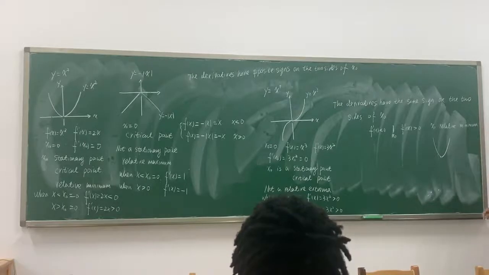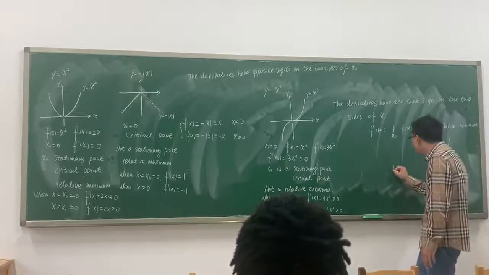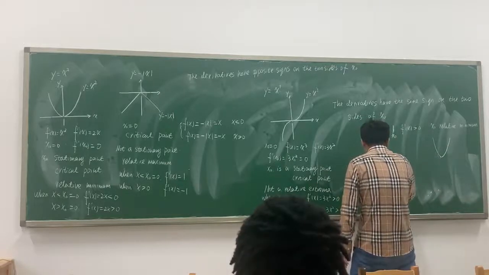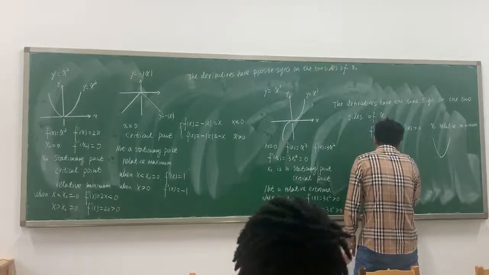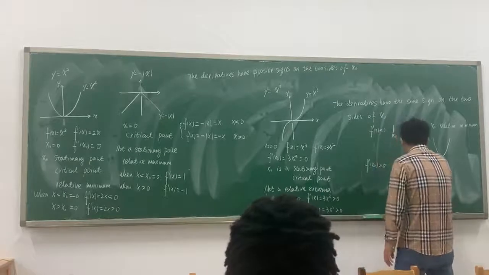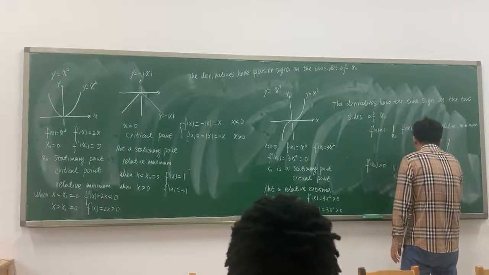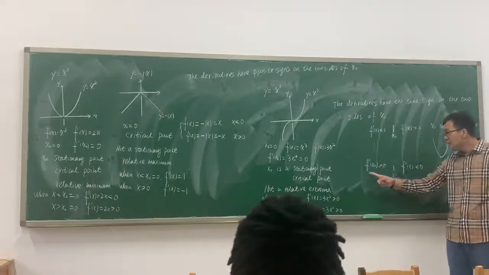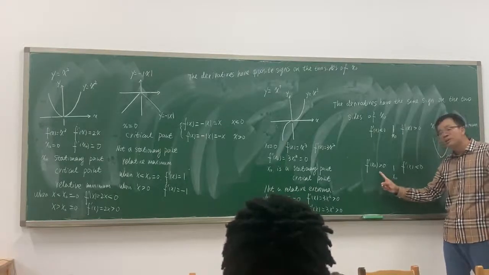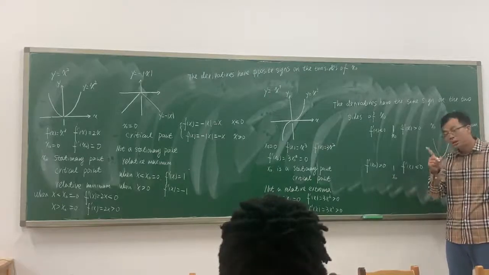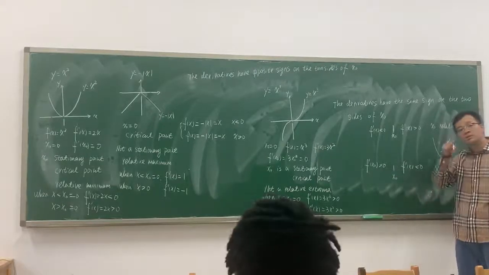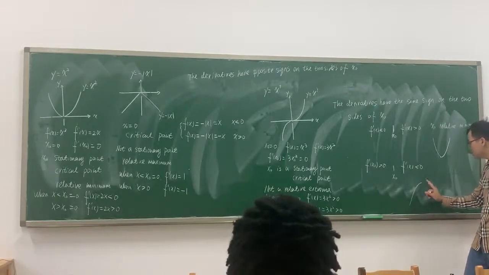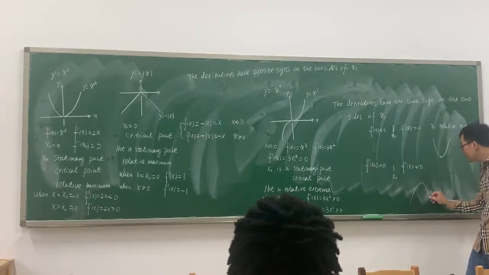For the second case, here is x0. If on the left the derivative is greater than 0 and on the right it is less than 0, the left is increasing and the right is decreasing.